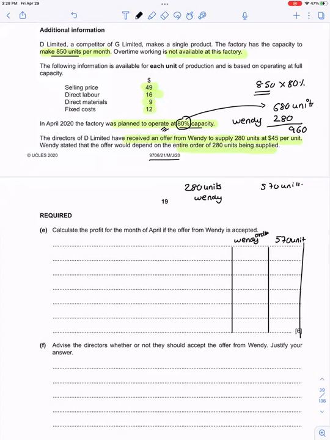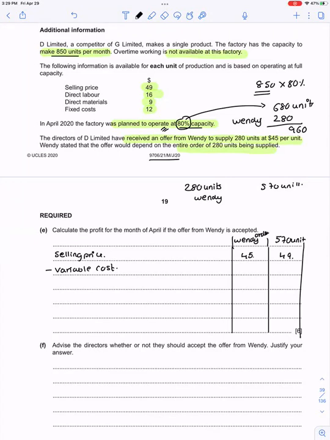Let's check. What was the selling price for Wendy? Selling price for Wendy was 45 and for the others it was 49, minus variable costs. What is the variable cost for Wendy?